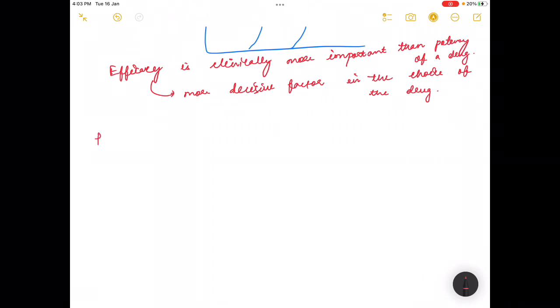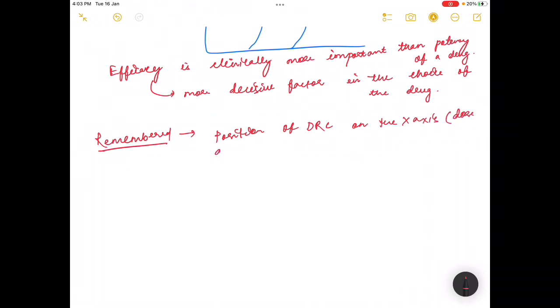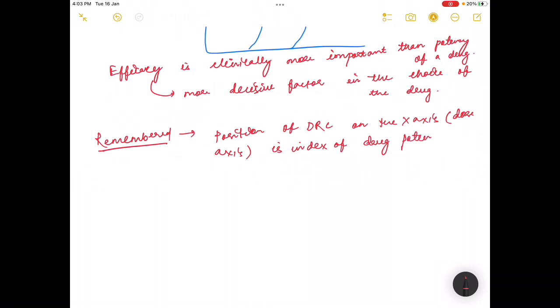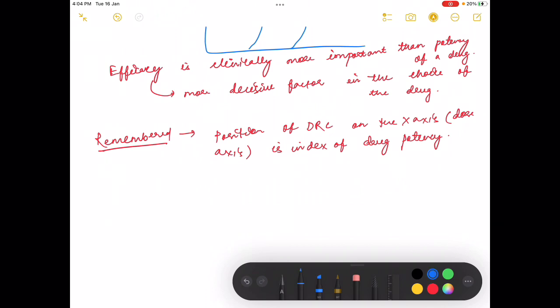So this needs to be remembered, that position of DRC on the x-axis, that is the dose axis, is index of drug potency.